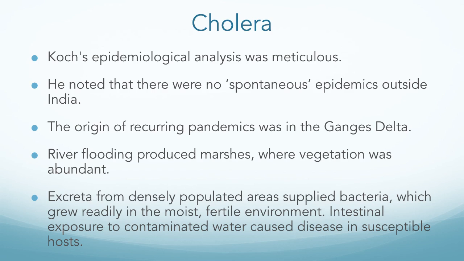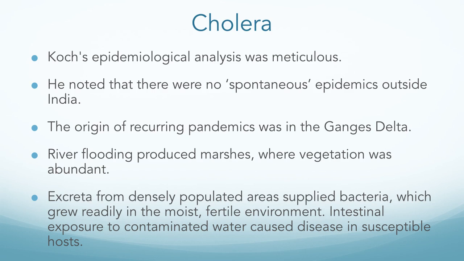The Ganges-Brahmaputra Delta, also named the Ganges Delta, the Sundarban Delta, or the Bengal Delta, is situated in Asia where the Ganges and Brahmaputra rivers discharge into the Bay of Bengal. River flooding produced marshes where vegetation was abundant.